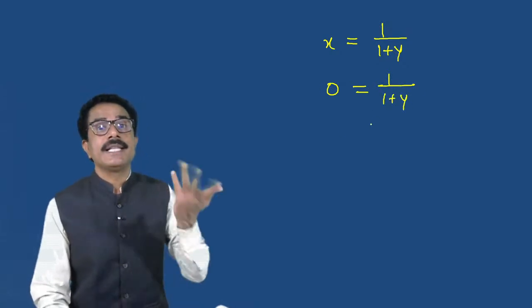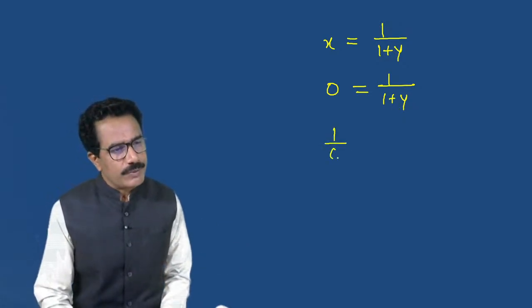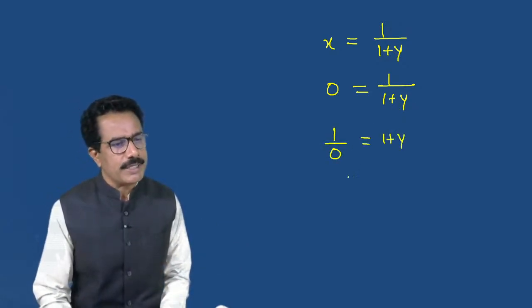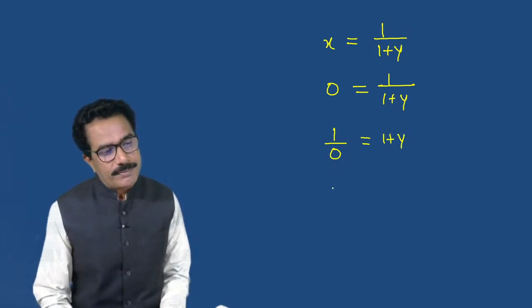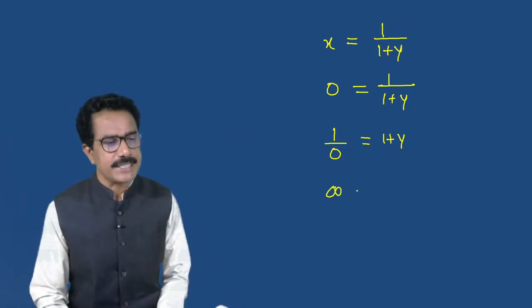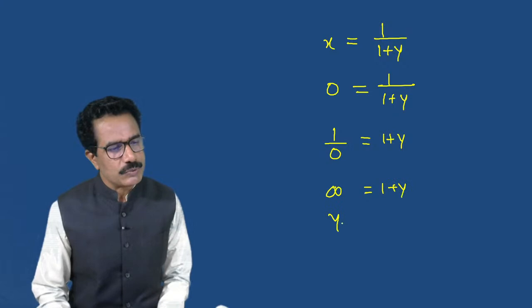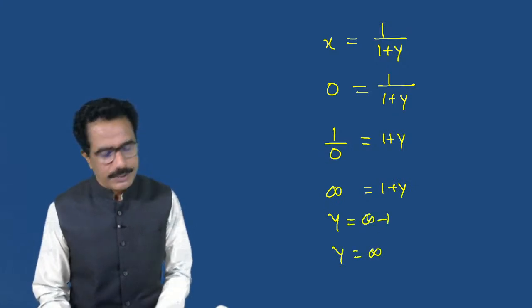Taking the reciprocal, we have to calculate the value of y. So 1 upon 0 is equal to 1 plus y. 1 upon 0 means infinity. So infinity is equal to 1 plus y, which means y is equal to infinity minus 1, so y is equal to infinity.